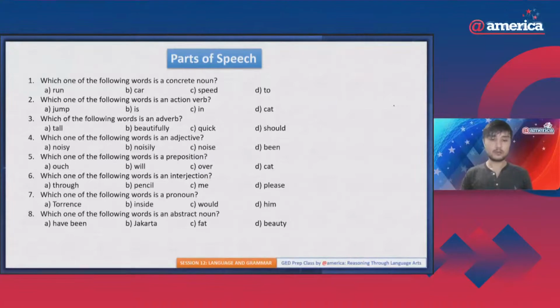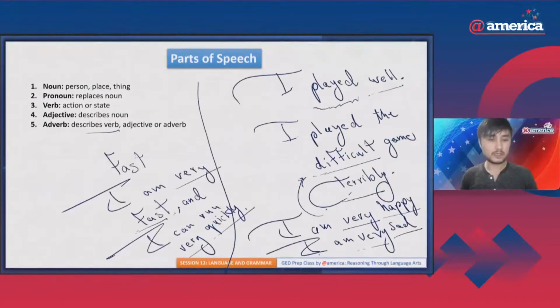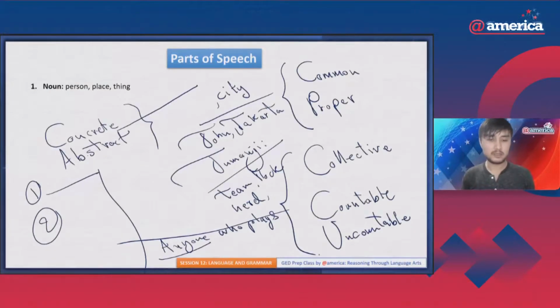Now for this one, let's do this together, even though there is no timer here, so all of us can learn something. The first sentence tells you to pick which of the following words is a concrete noun. We know from this slide that concrete nouns can be touched, felt, seen, heard, or smelled.